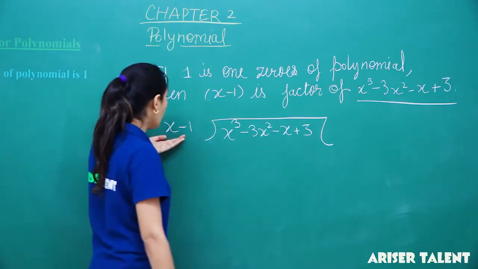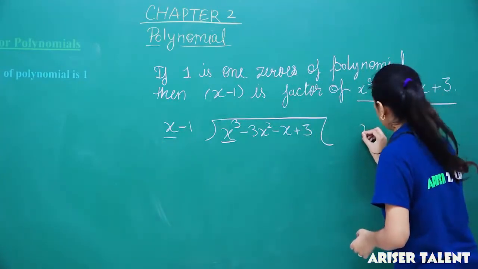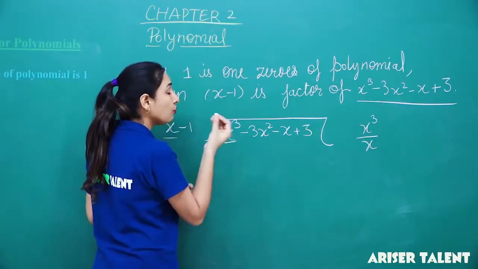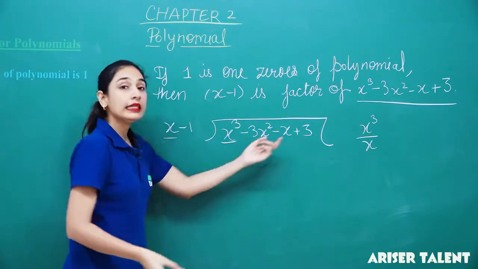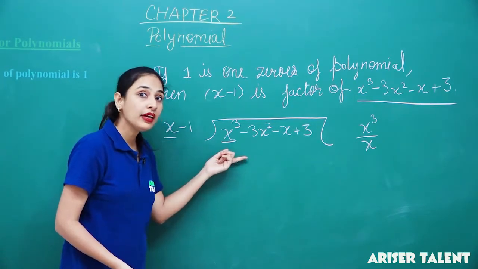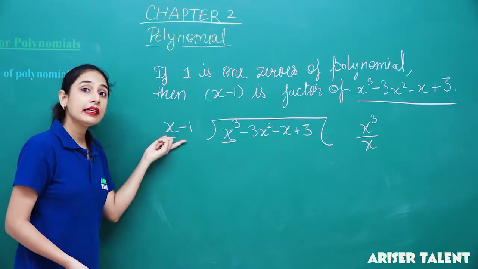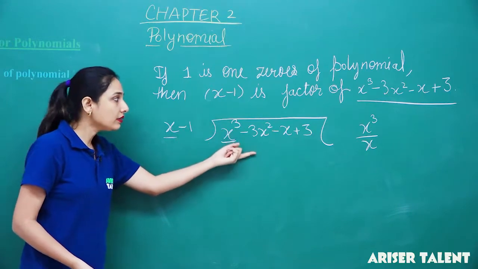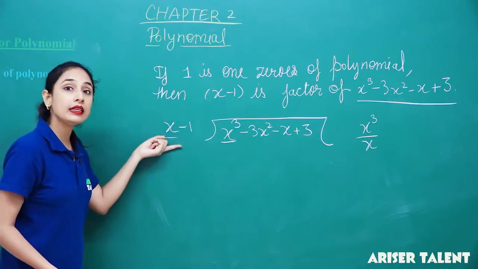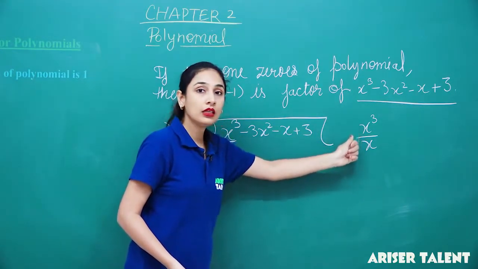Now you just divide the highest degree term of the dividend by the highest degree term of the divisor, x cube by x. Okay, we have done this.